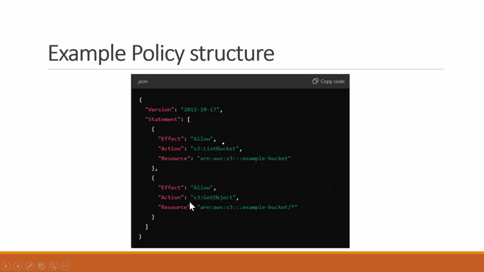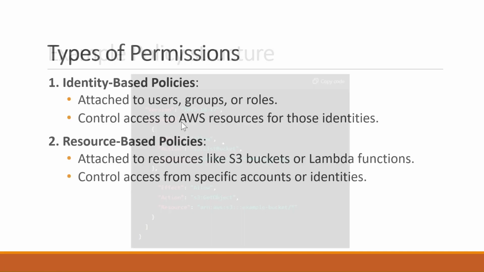For example, here you can see S3 GetObject, which means you are allowing reading files from the S3 bucket. This is the name of the S3 bucket. So this is the example policy structure, and this file is in JSON format.